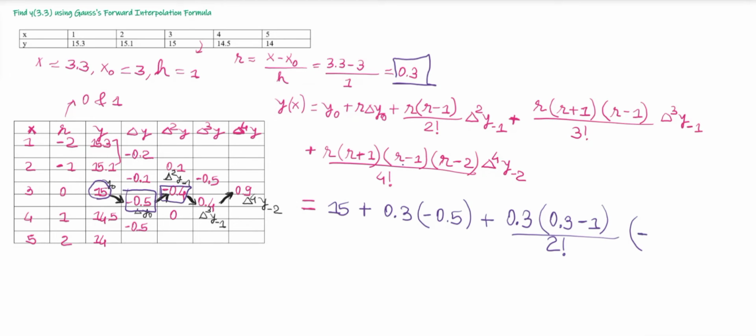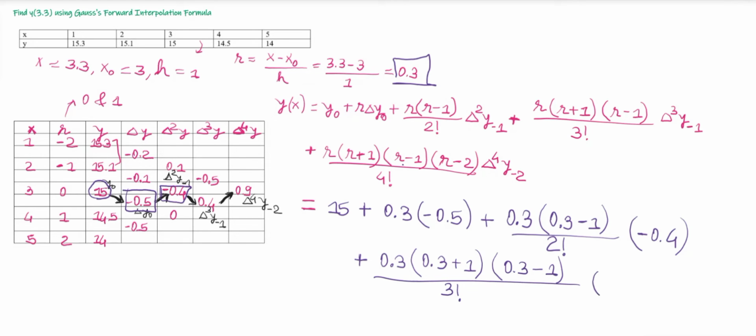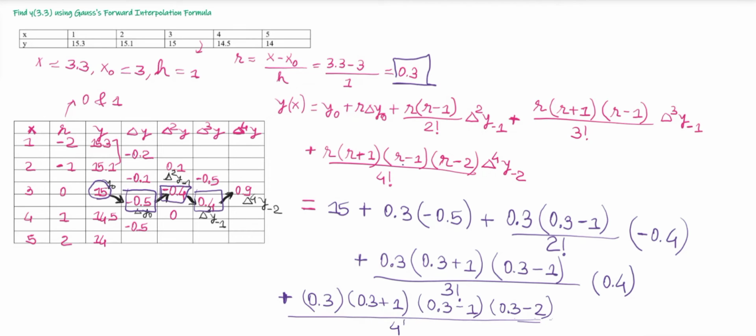Our delta square y, that is delta square y minus 1, is minus 0.4 plus 0.3 into 0.3 plus 1 into 0.3 minus 1 upon 3 factorial into delta cube y minus 1 is 0.4 plus 0.3 plus 1 into 0.3 into 0.3 minus 1 into 0.3 minus 2 upon 4 factorial into our delta raised to 4 y minus 2 is 0.9.